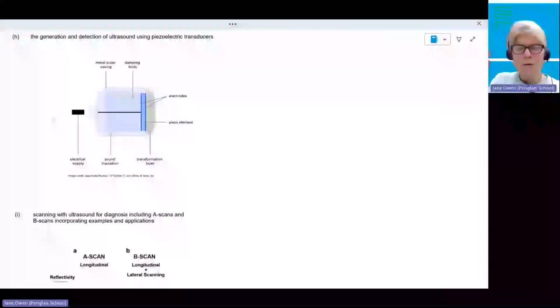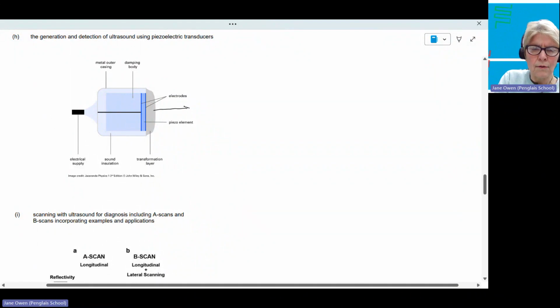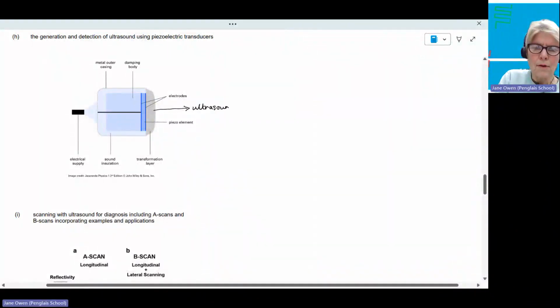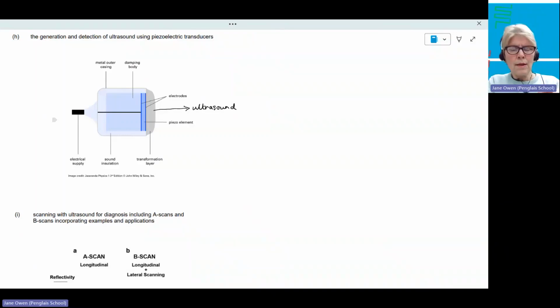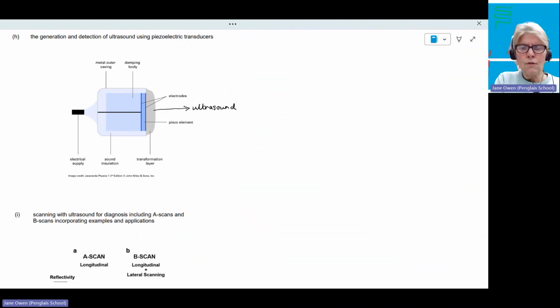It makes the crystal vibrate, and in making the crystal vibrate, you are transmitting an ultrasound going out. But at some point, that then has to stop, because if you interact this electrode with a medium that the ultrasound can pass through, at any boundary, that ultrasound then will come back.